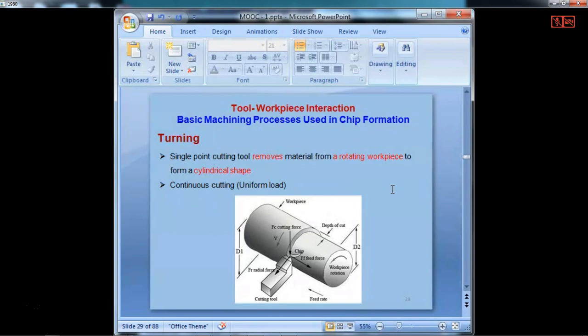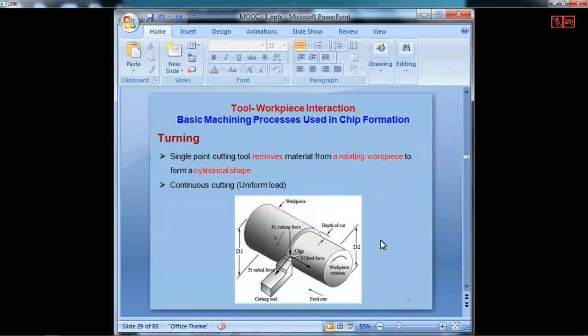You have an axis, and when you draw a profile and rotate it about the axis, you can generate different types of shapes. The cylindrical components and also the conical components all come under what are called axisymmetric rotational components, which are symmetric about an axis. Thus, these kinds of cylindrical parts we can produce by using the turning operation.